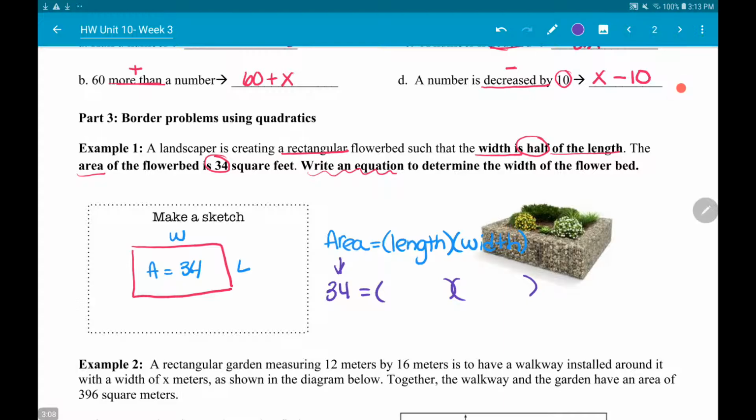They tell me the width is half of the length. So do I know what the length is? No, so I'm going to call that x, which means the width is equal to half of the length. So if I don't know what the length is, my width is equal to 1/2 x.